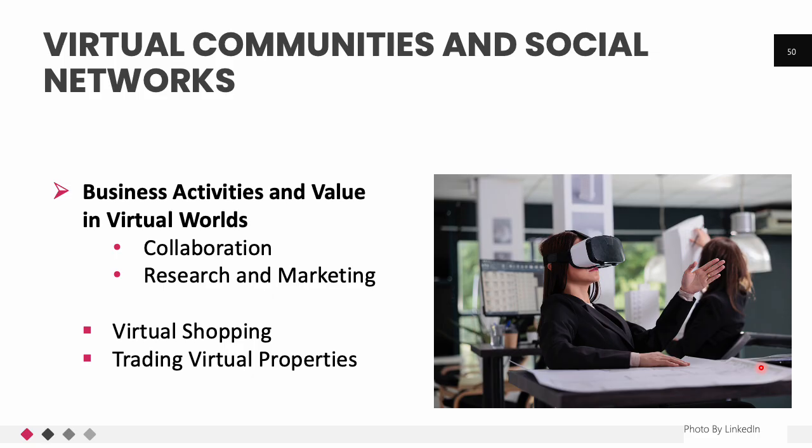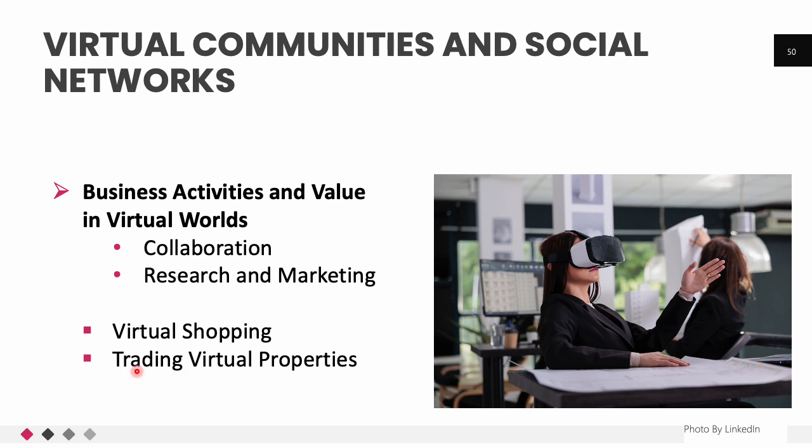And it can also lead to real-world purchases. Imagine trying on virtual clothes on your avatar and then being able to order physical versions to be delivered to your home. So this is going to blur the line between the virtual and the physical economies.